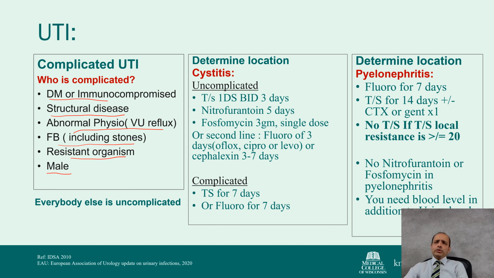Remember not to use nitrofurantoin or fosfomycin in pyelonephritis, because to treat pyelonephritis you need blood level in addition to urine level. These both antibiotics achieve urine level but they don't achieve blood level, so you cannot use these two antibiotics. Remember nitrofurantoin and fosfomycin to treat pyelonephritis.